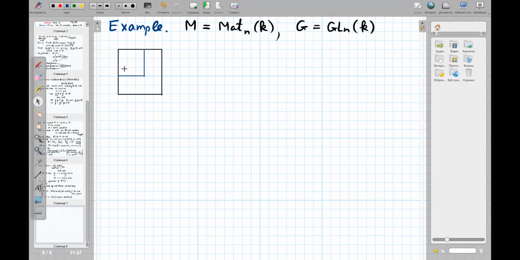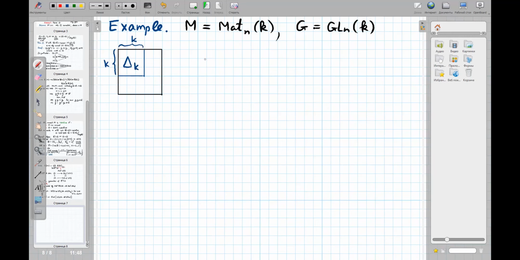And let me denote it by delta K. So we assume that the size of this minor is K by K. And these functions are polynomial functions, regular functions on G.